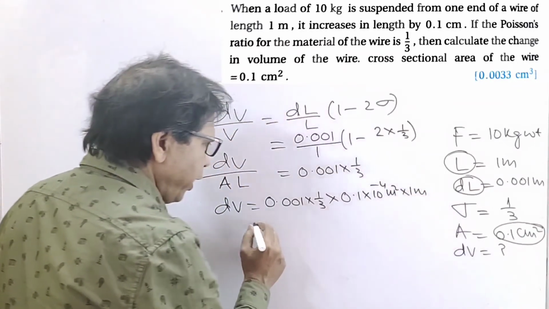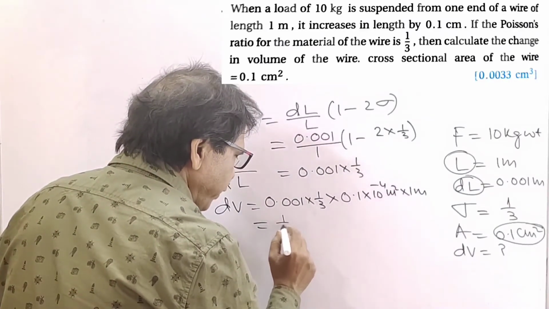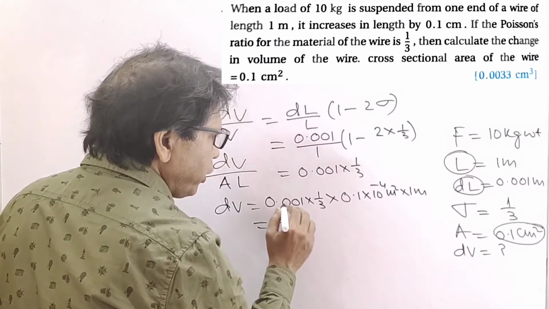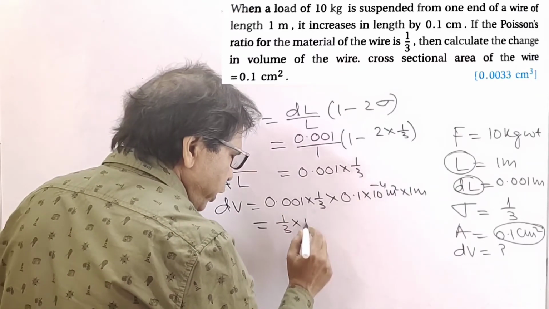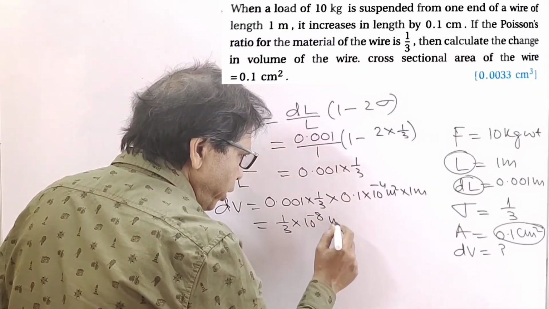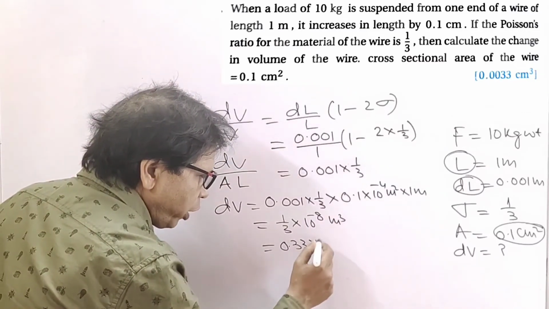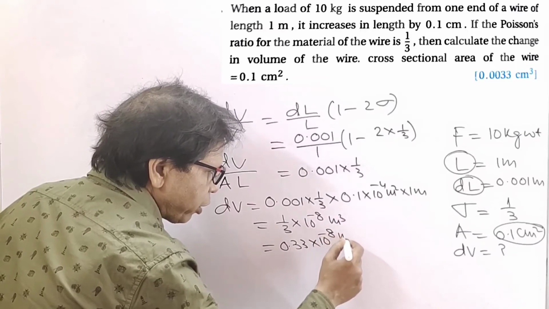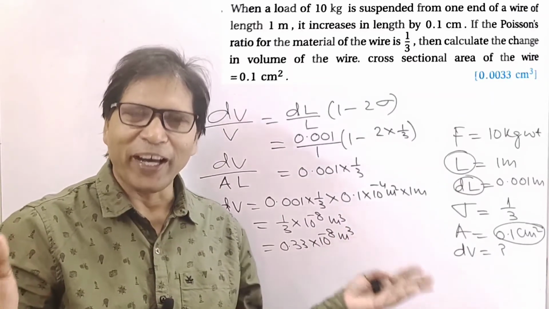So this is 1/3 into 10 to the power minus 3 into 10 to the power minus 1, so 10 to the power minus 8 meter cube. That is 0.33 into 10 to the power minus 8 meter cube, the change of volume of the wire.